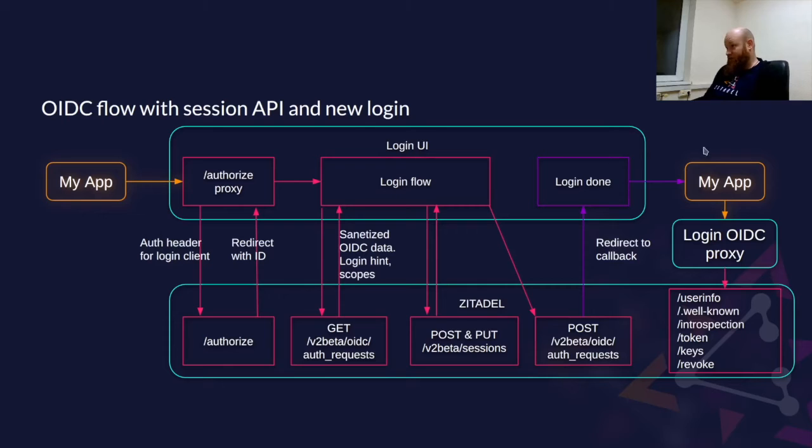So then the user is sent to the customer app, and the customer app will have a code inside the URL with which it can obtain the token. After it obtains the token, it can call the user info endpoints or introspection endpoints.